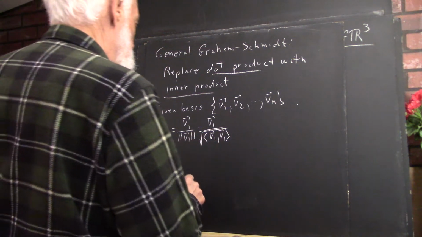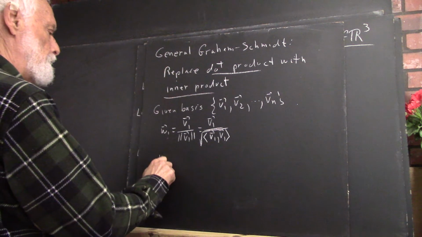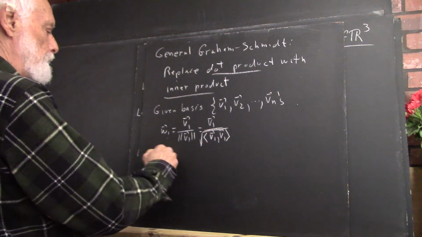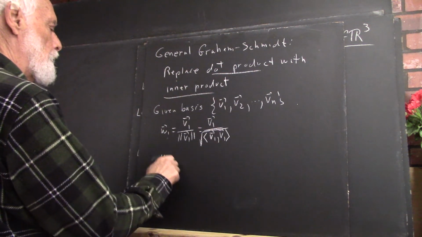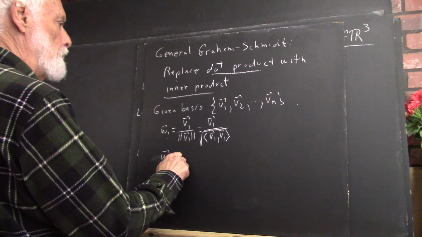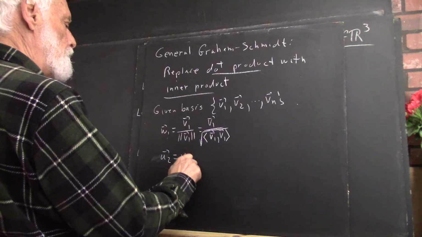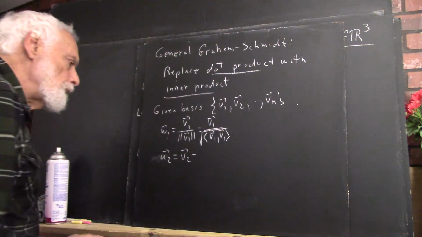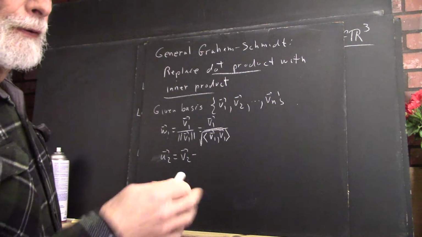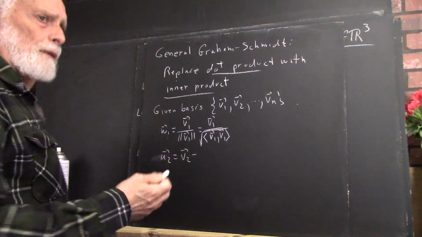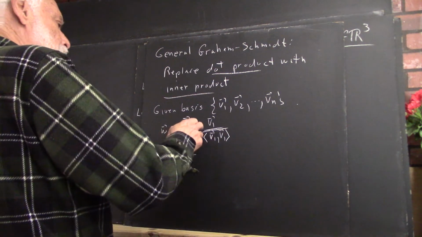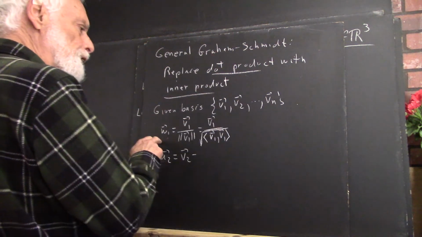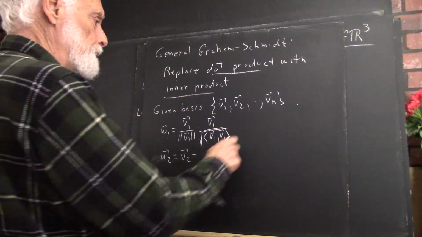So there's your W1. Then W2: U2 equals V2 minus the projection of V2 onto W1, since W1 is a unit vector.